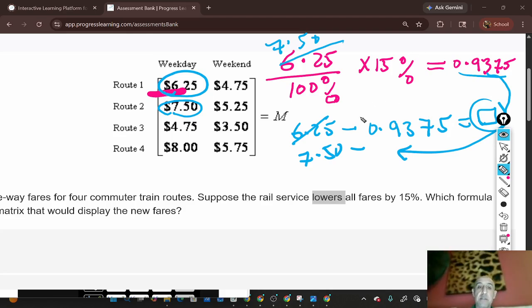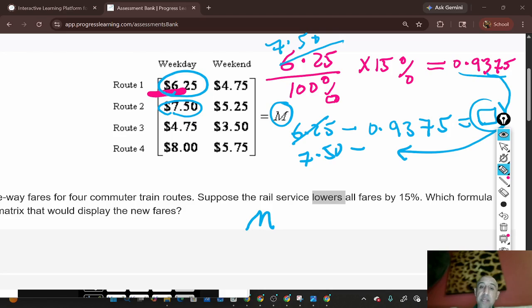In this case, instead of doing this, the question is asking me about the formula. So the 6.25 or the 7.5 or the 3.5 or any element inside this matrix represents exactly the 100%, represents the M, because this is the matrix M.